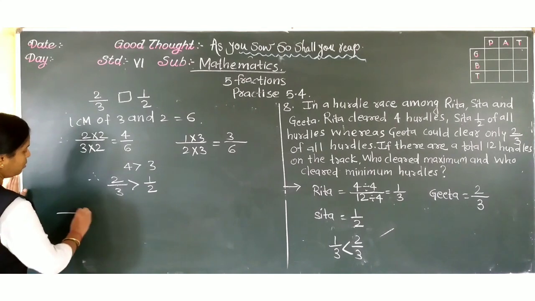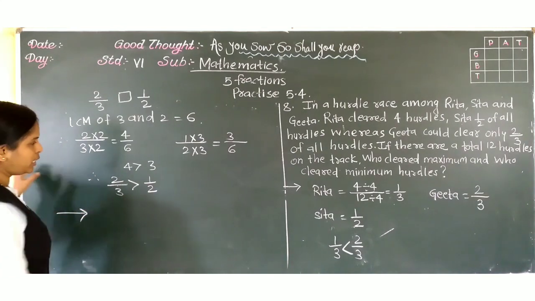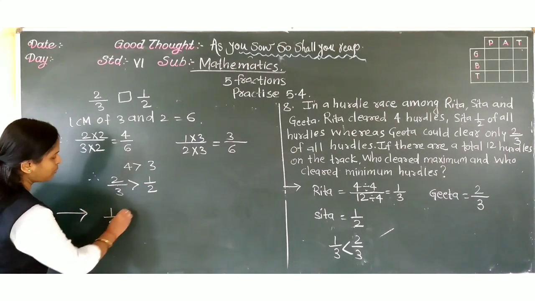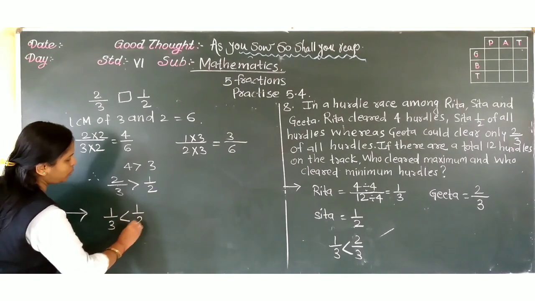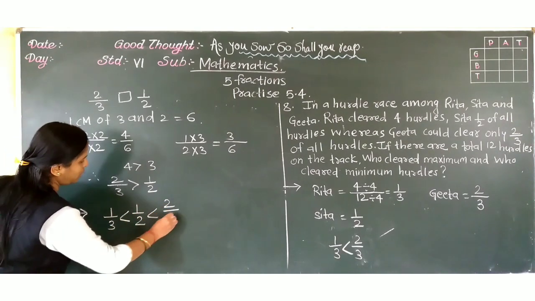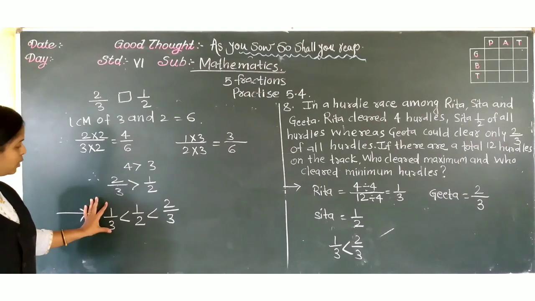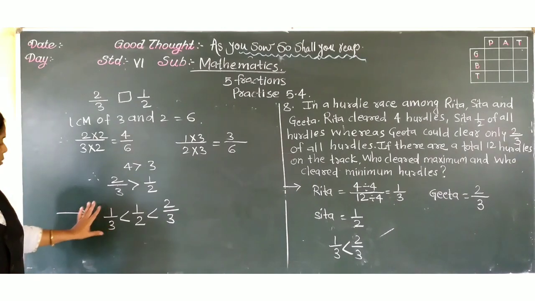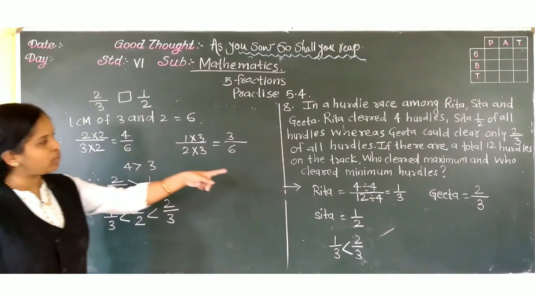How will we show it here? 1/3, then 1/2, and then 2/3. Correct? So see, which is the smallest? 1/3, that is, who has cleared? Rita.